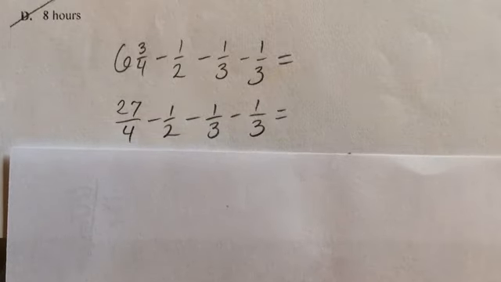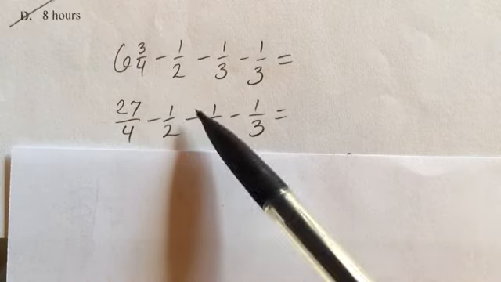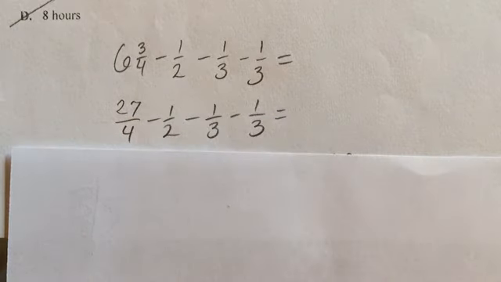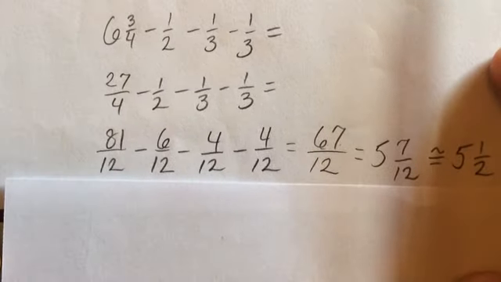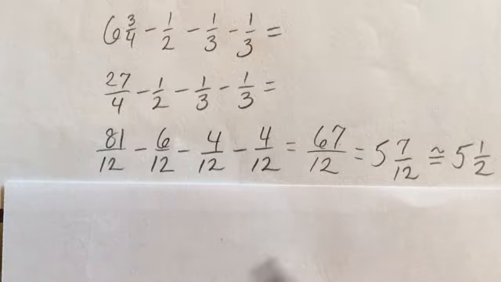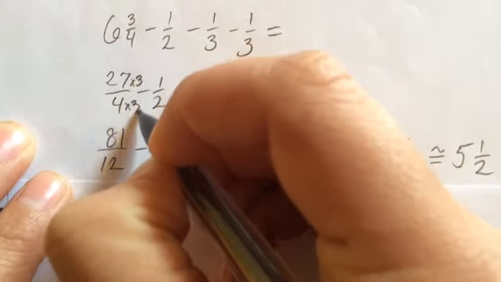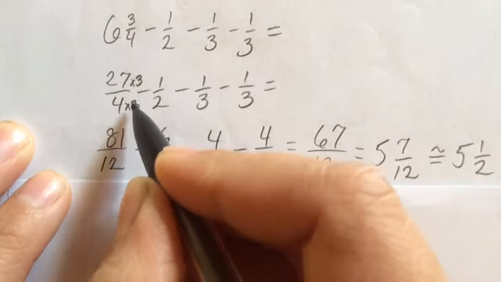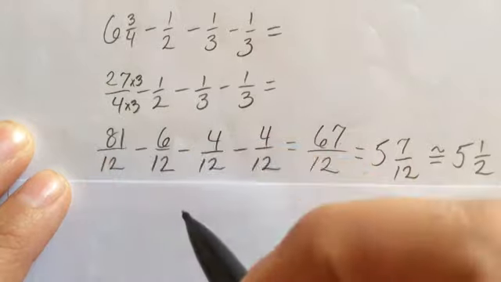So 6 times 4 is 24, plus 3 is 27. 27/4 minus a half, minus a third, minus a third. Now I'm going to convert everything to a denominator of 12. 27 times 3, because 4 times 3 is 12. Whatever you do to the bottom, you have to do to the top. 27 times 3 is 81.